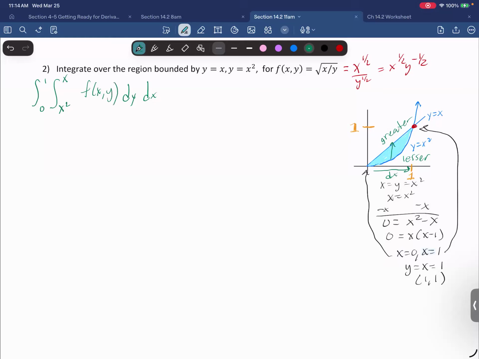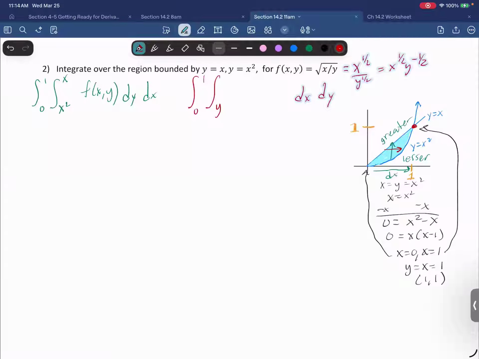And we can take a look at the other setup. If we do the other setup, 0 to 1 is the dy. And in this approach, we're going that direction. So we need x in terms of y. So the lesser line is y equals x, so we could put y there.